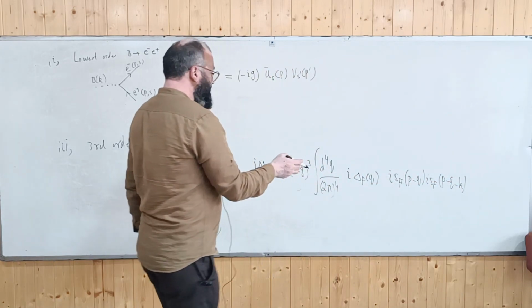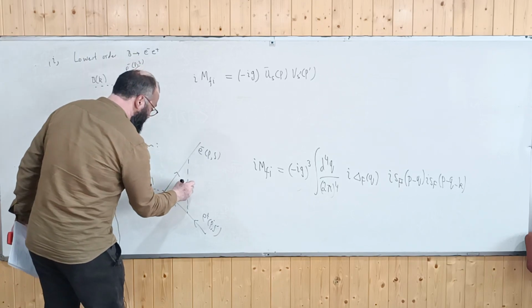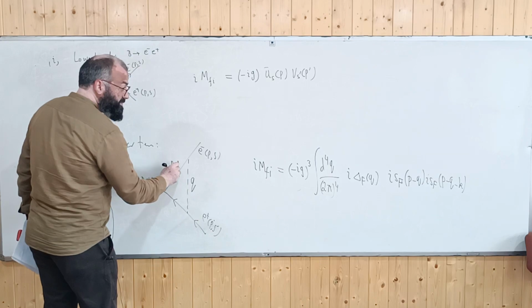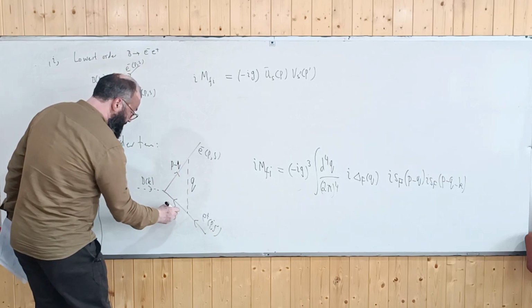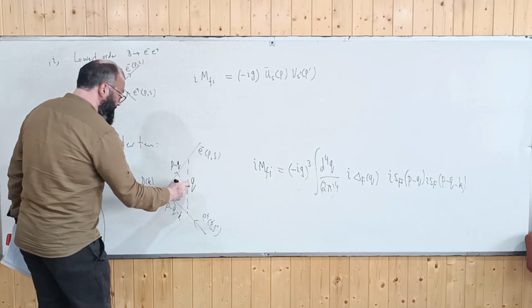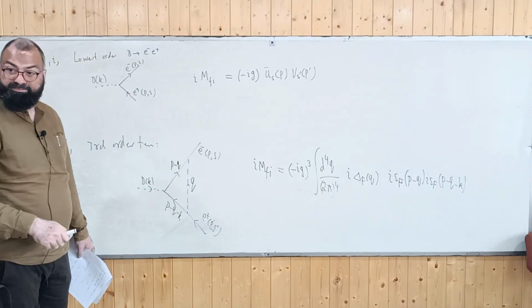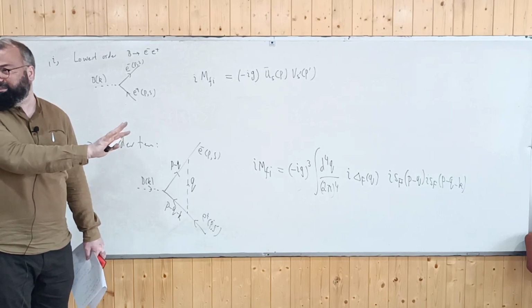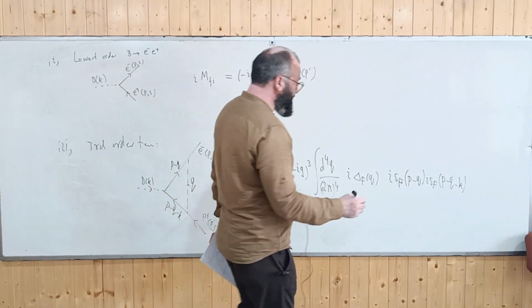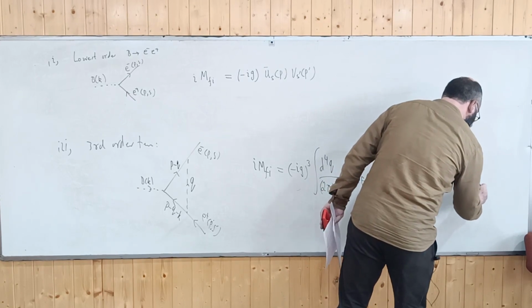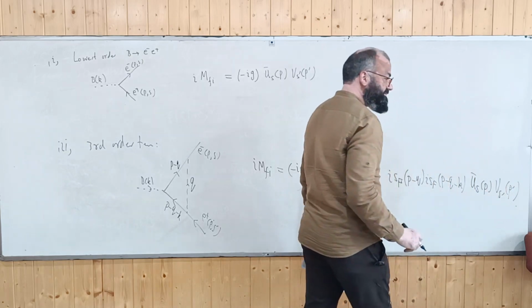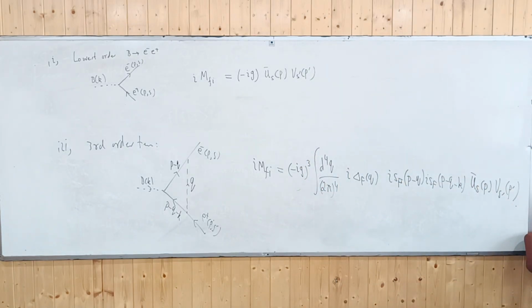I have just rewritten, instead of Q1, I put Q here. So this is P minus Q, and this will be P minus Q minus P prime. If you put the direction this way, I just relabeled the momenta, and then you have the factor U bar S of P and V S prime. This is the factor we have just calculated.